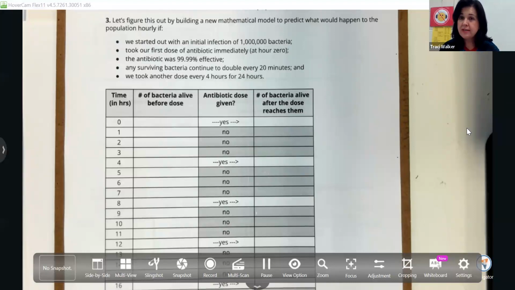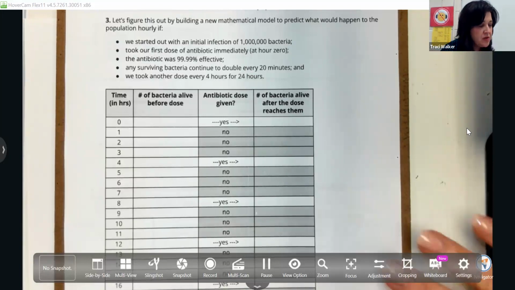This time, though, our antibiotic is 99.99% effective. So this is a very effective antibiotic. We're also going to assume that the bacteria can reproduce every 20 minutes and that we take our dose of antibiotics every 4 hours for 24 hours. So at the end of 24 hours, we want to see if we have any bacteria left alive.